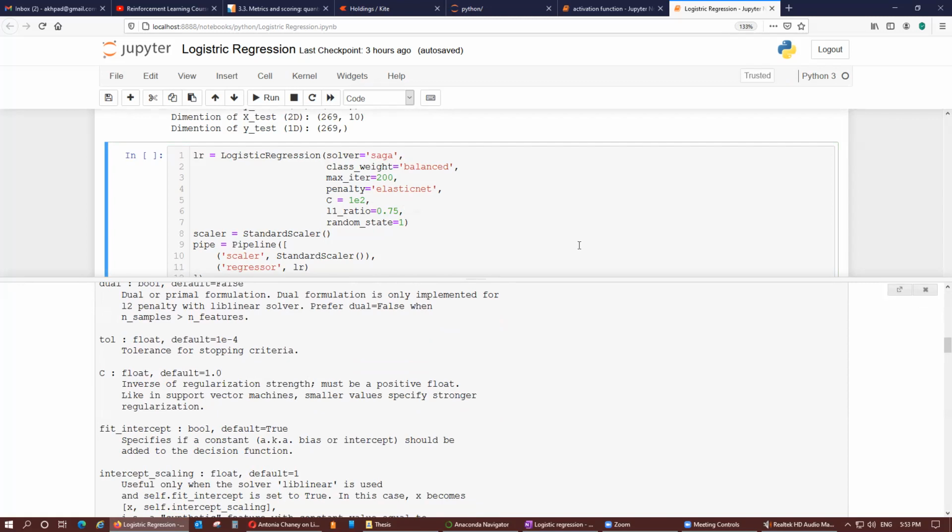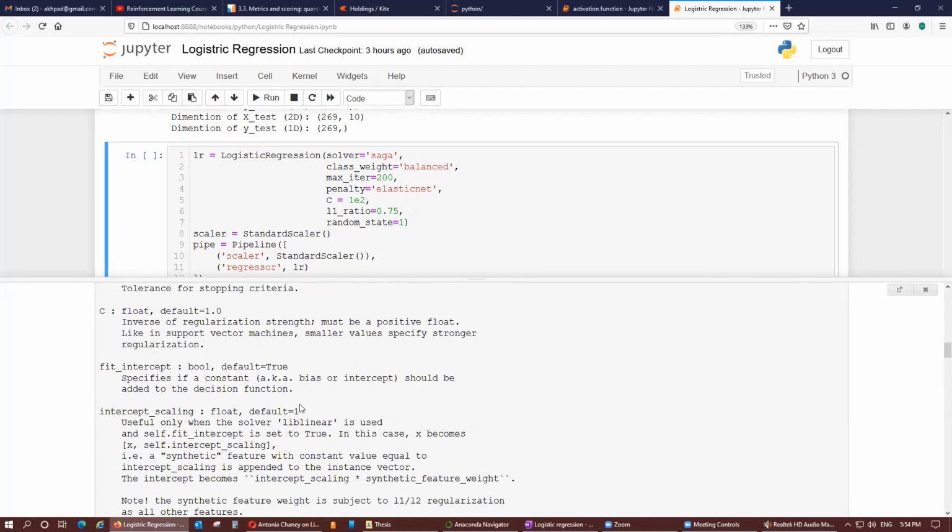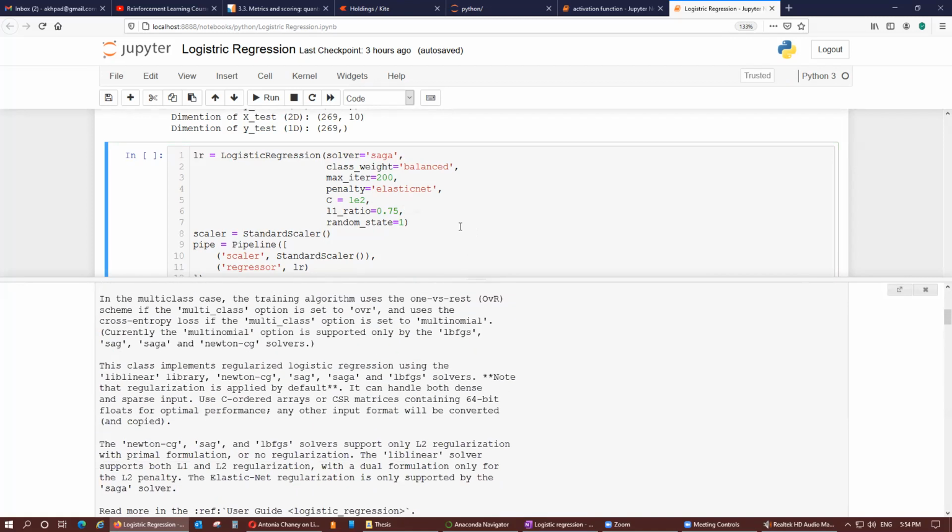The details of all the expressions are over here, and you can find all the descriptions accordingly. You can set all the hyperparameters, and the L1 ratio, I mean how much you want to regularize with L1 and how much with L2.